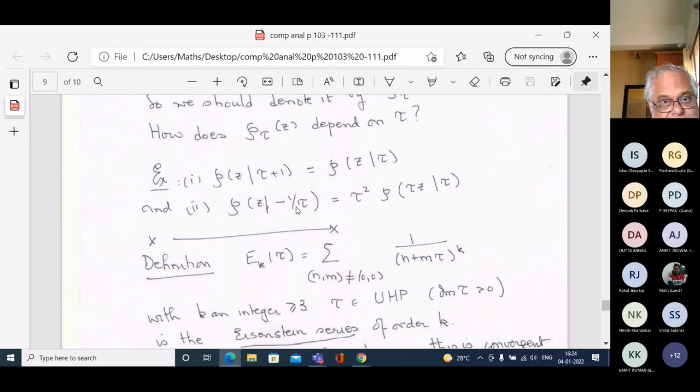Whereas if you take the other generator, tau going to minus 1 by tau, the exercise is that P of z, tau becomes P of tau z, tau with a certain multiplier in front. Please do these exercises. It's quite easy to see this.